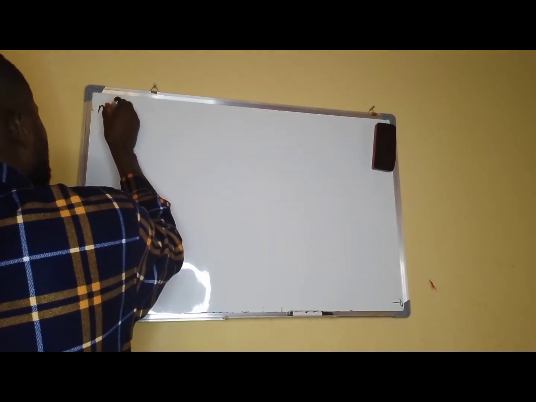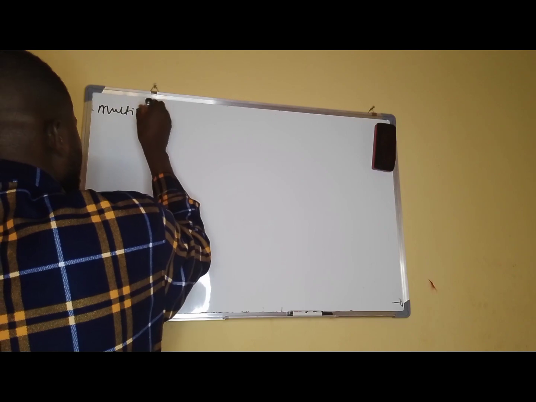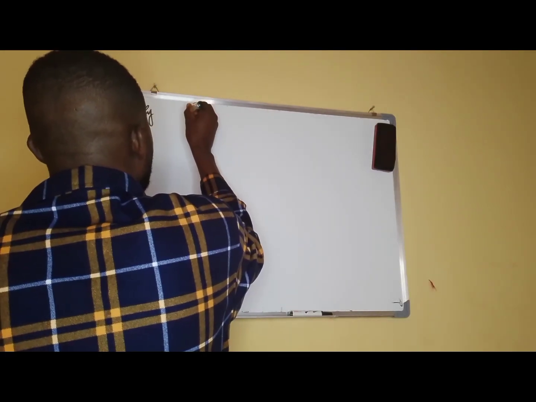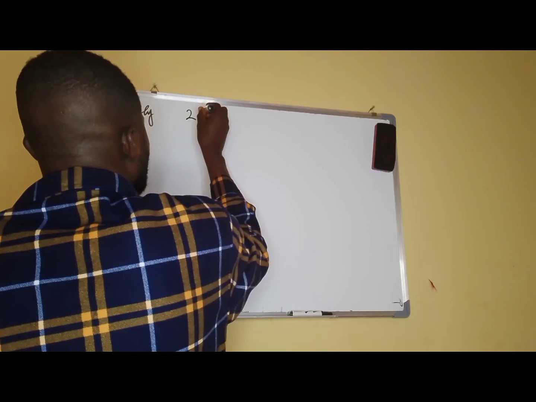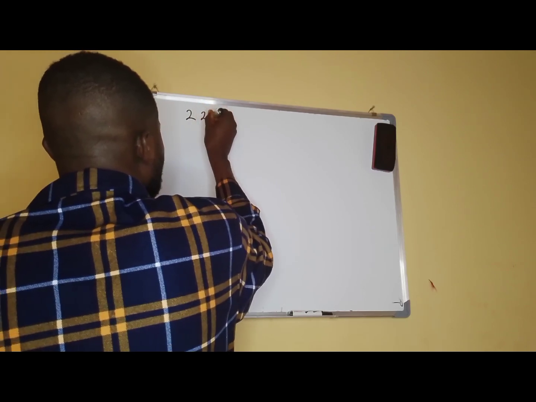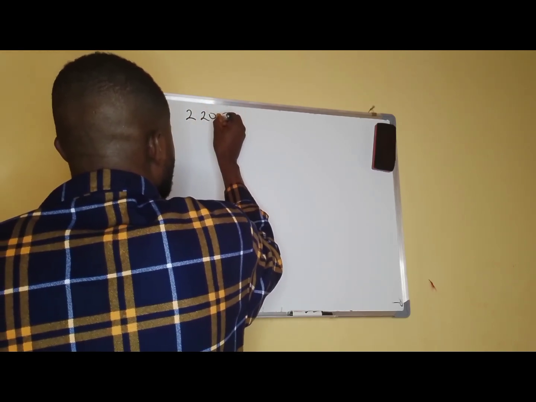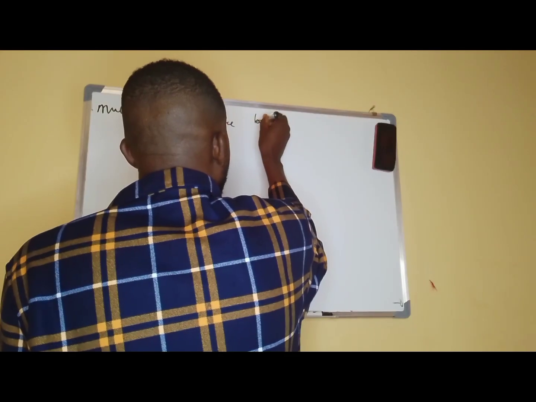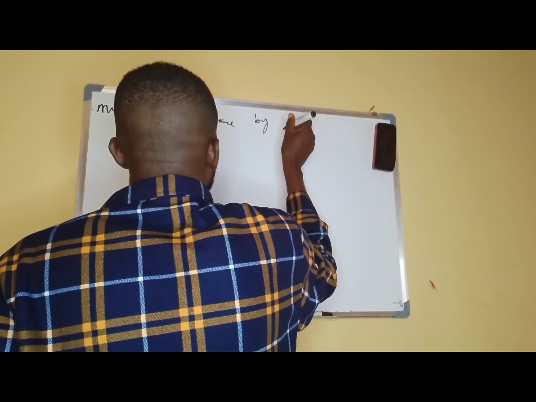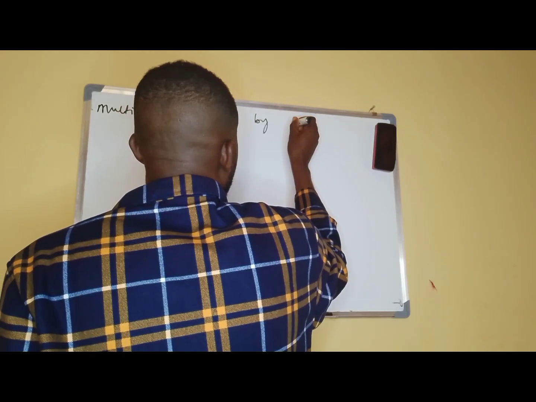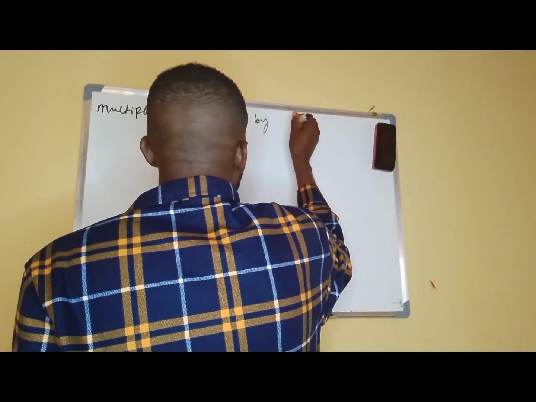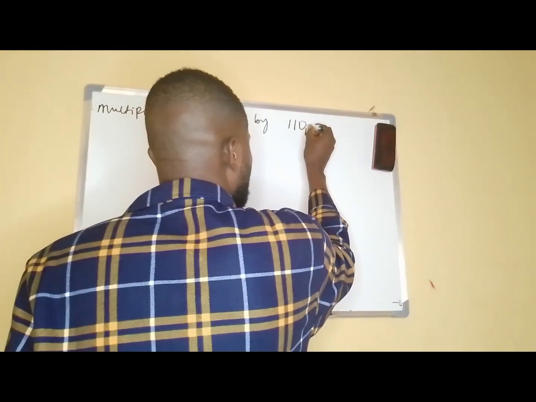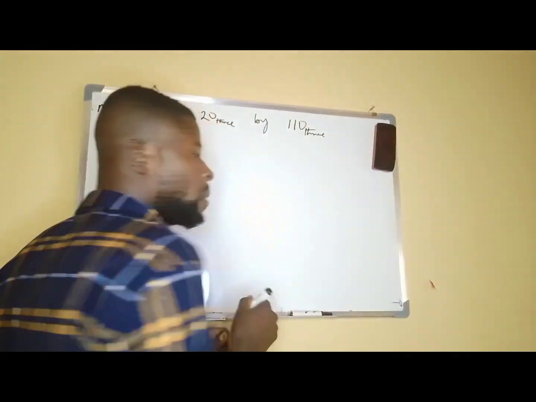Let's say multiply 220 base 3 by 110 base 3.